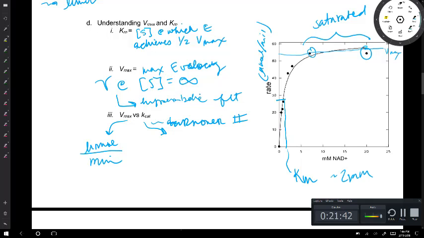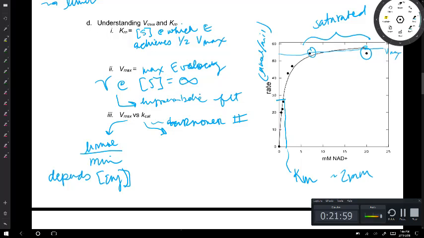And so one of the disadvantages of using a Vmax is that it depends on the enzyme concentration because it's a velocity.